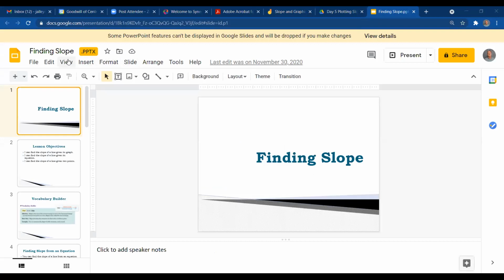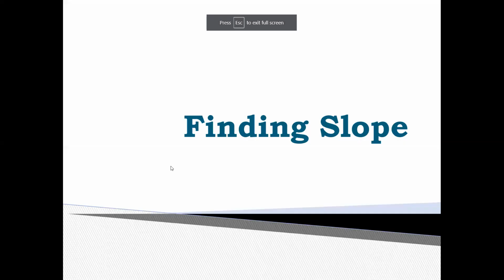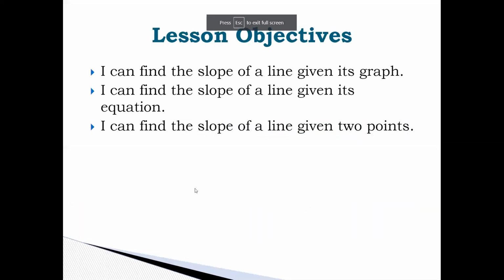I think we talked a little bit about this last Thursday. But here are some of the ways that we need to be able to find slope. We need to be able to find slope when we see a line on a graph. We need to be able to find the slope of a line when we have an equation.